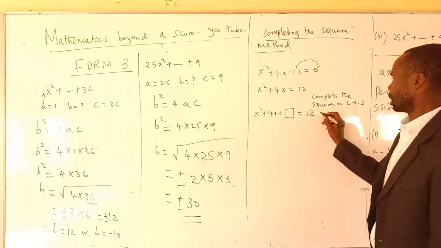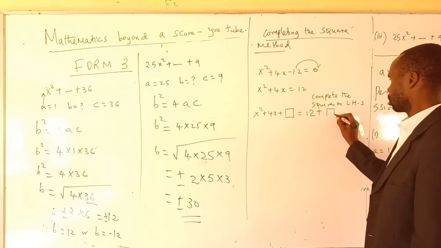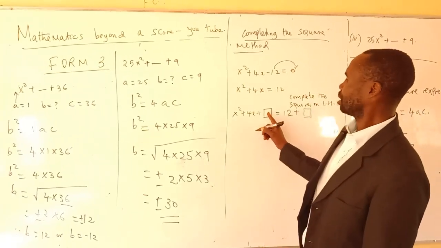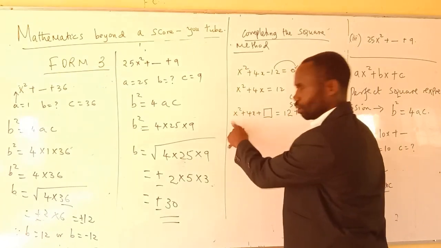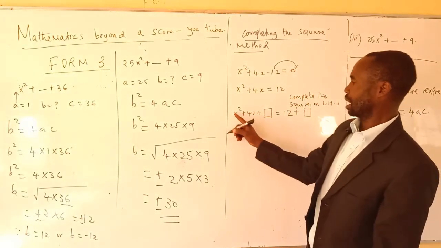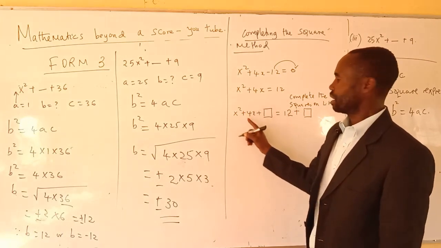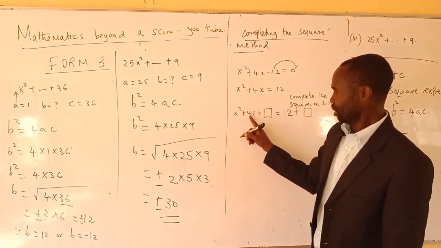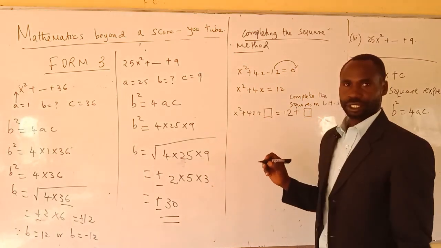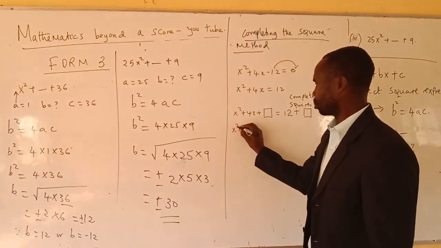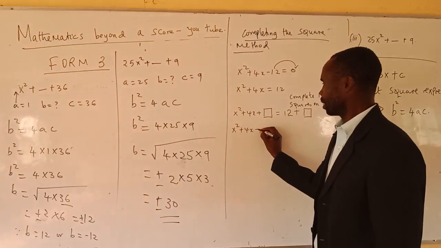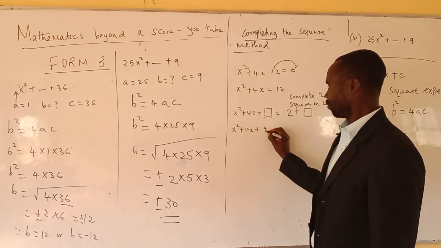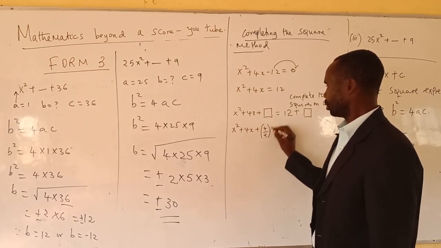Because you added a box here, you also add the same box on the other side. The number that you put here, when the coefficient of x squared is 1, in a shortcut way, is half of the coefficient of x, then you square. So you write x squared plus 4x plus half of 4, all squared.